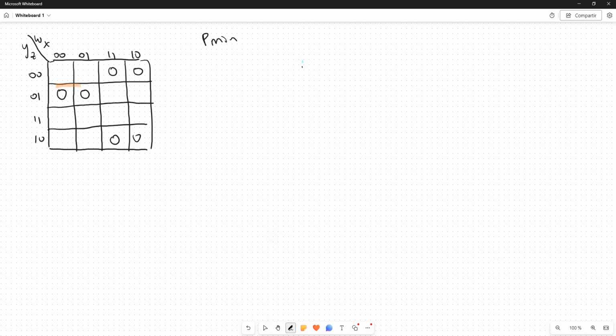So these two zeros can only be covered by these implicates, and the remaining zeros can be covered. You might think that we can use two prime implicates, but that's wrong. We have only one prime implicate covering the remaining zeros.